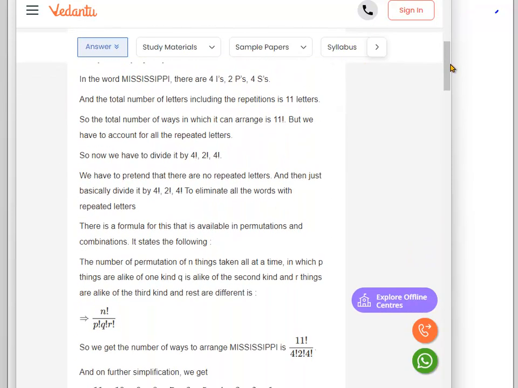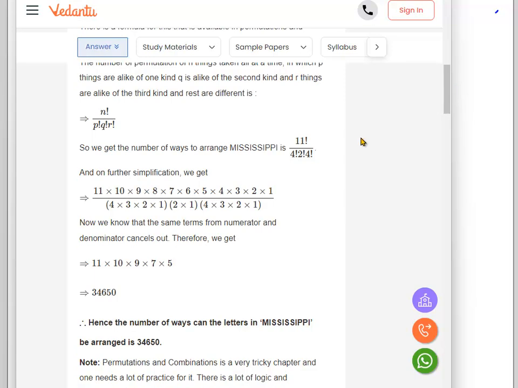And so this one basically says, you arrange the letters, there's 11 of them, but a number of them are repeat letters, such as the I appears 4 times, and the S appears 4 times, and the P appears 2 times.